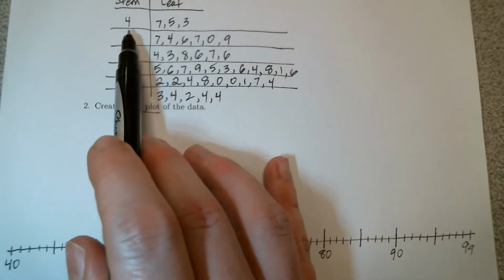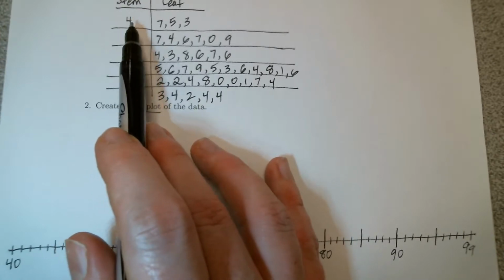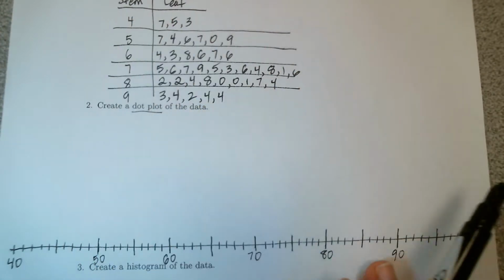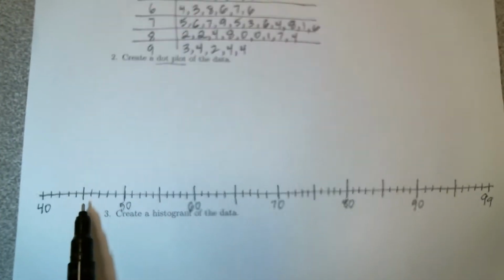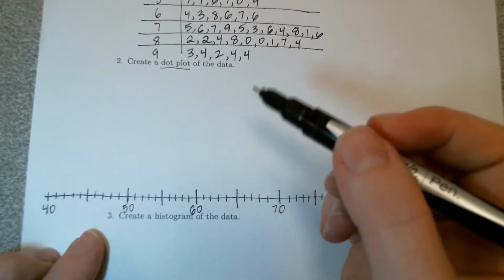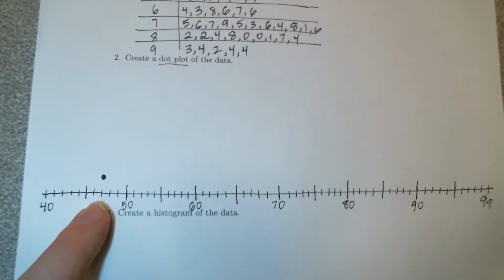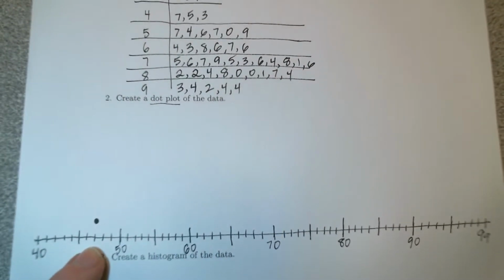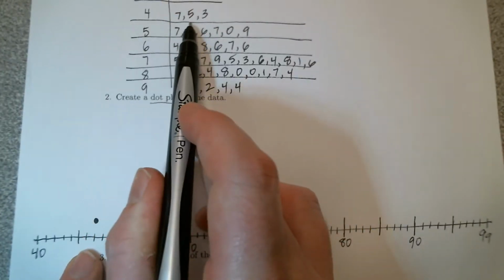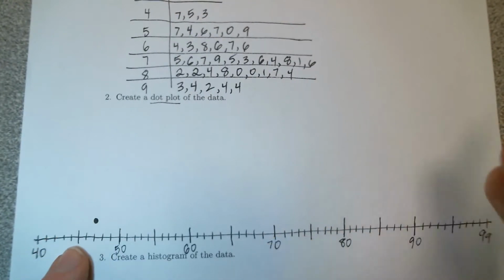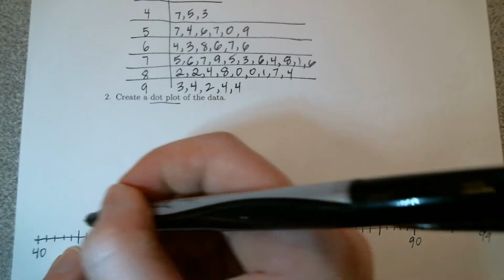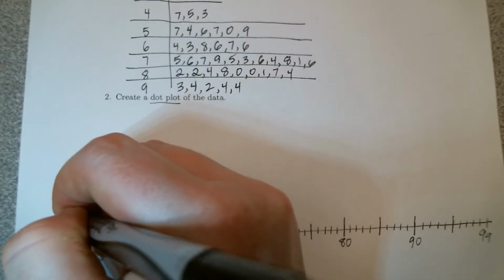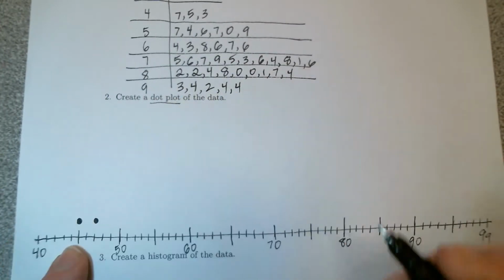But in the 40s, I have a data value of 47. So down here, here's 45, 6, 7, 47, I'm going to put a dot right here to represent that test score. There's also a test score of 45, so above the 45, and I want to put it at the same height as that dot, I put another.